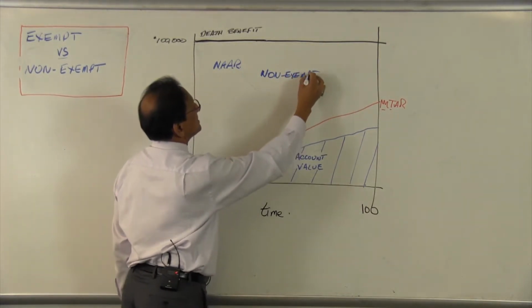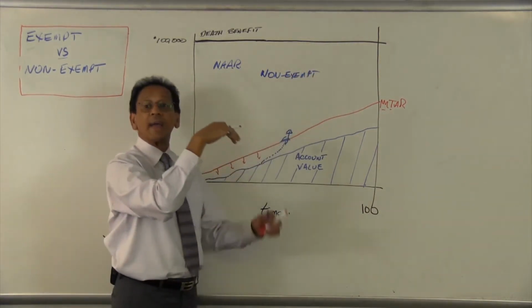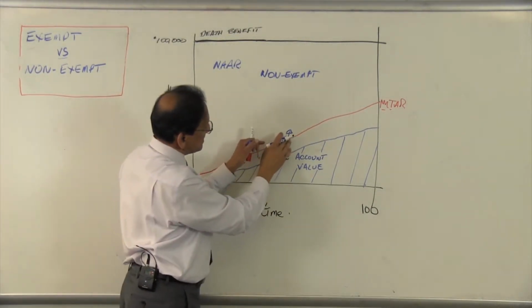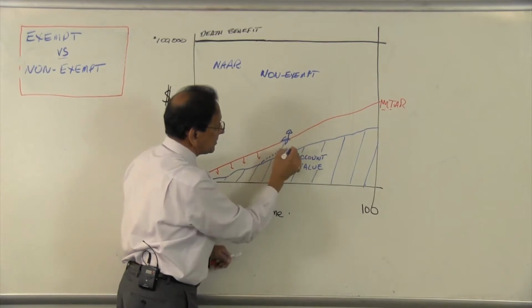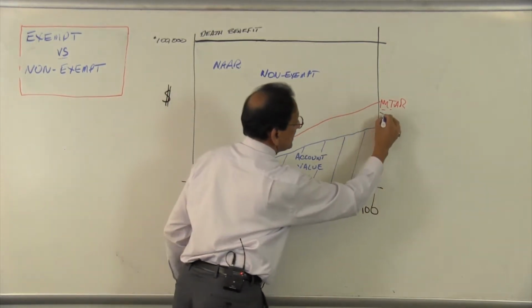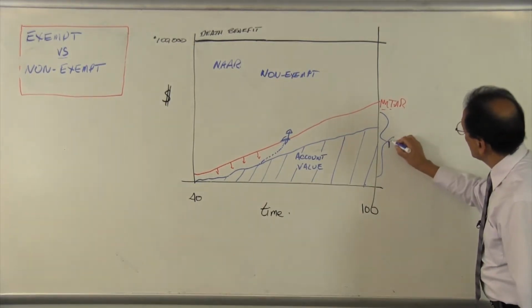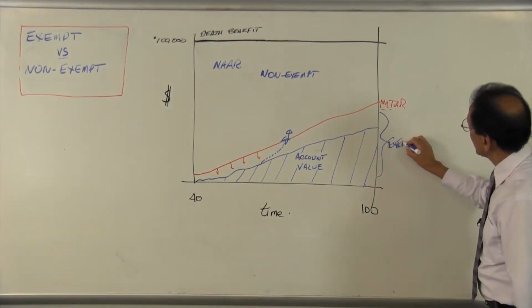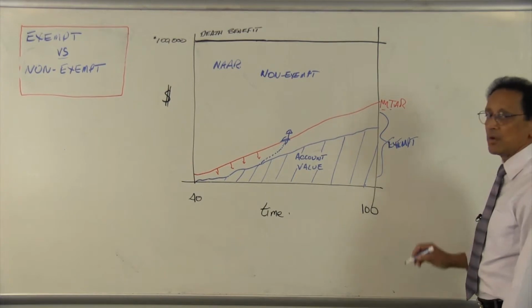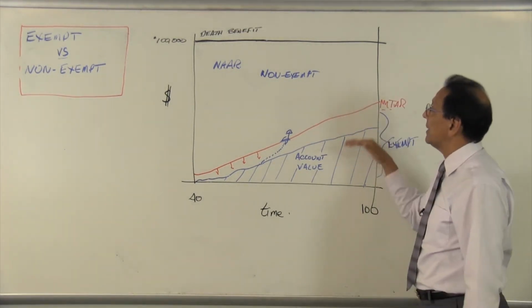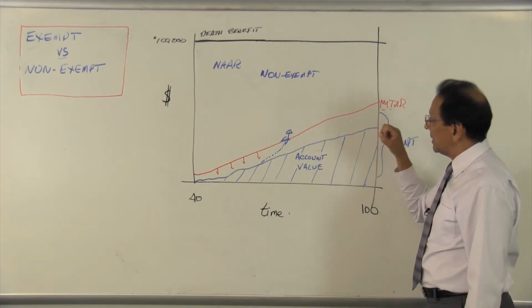What that means is that it is no longer exempt from annual taxation. If the values remain under this line, the policy is said to be exempt. So it's exempt from annual taxation. Now a lot of students will get these two terms confused. Be clear.